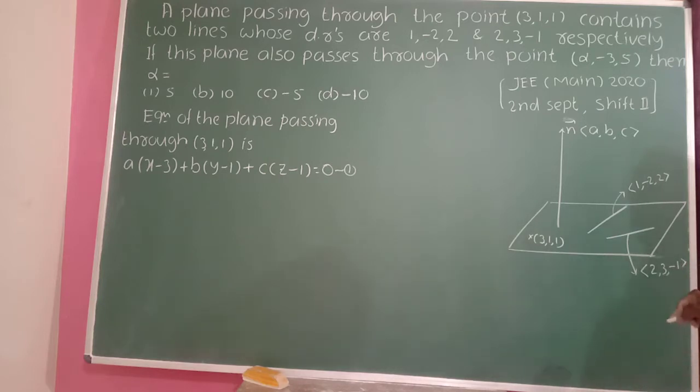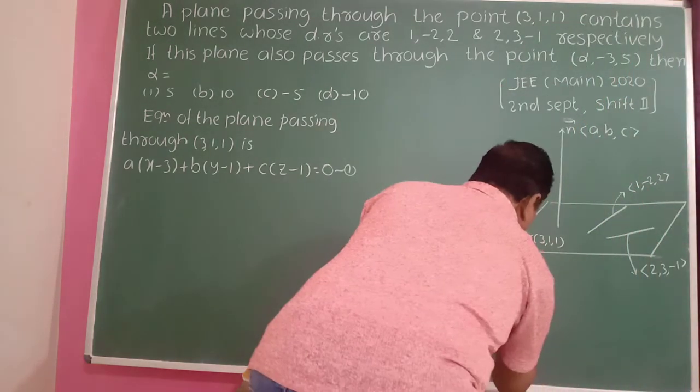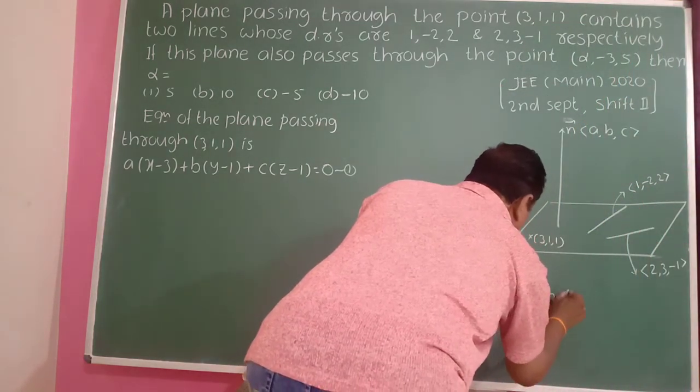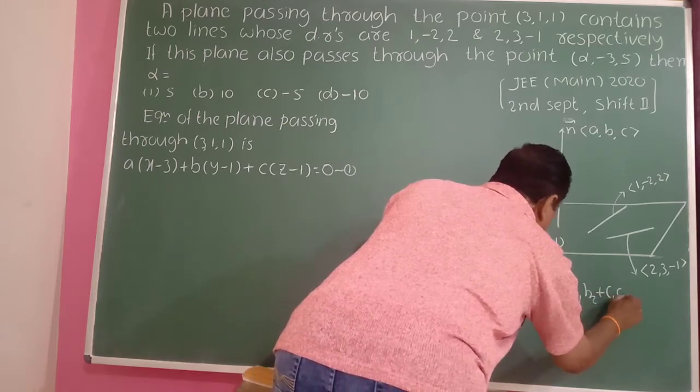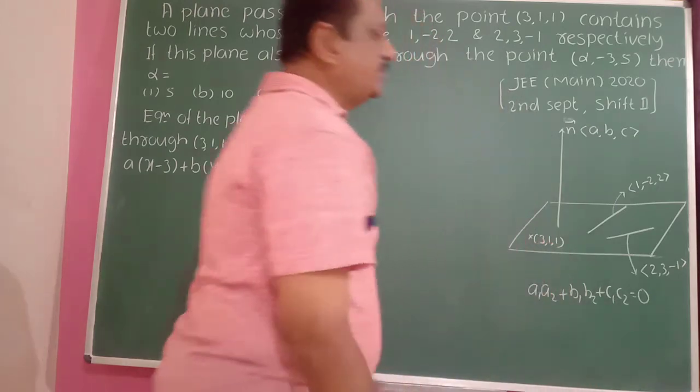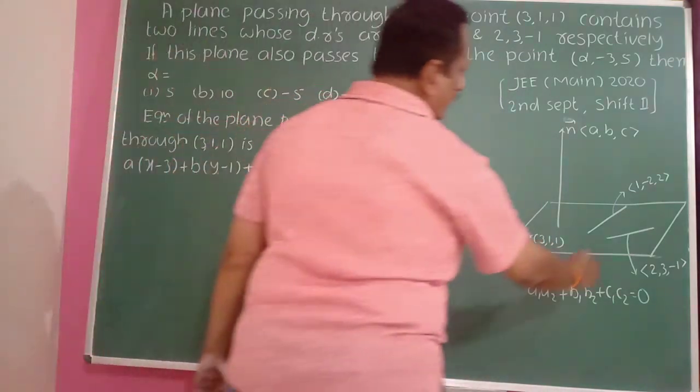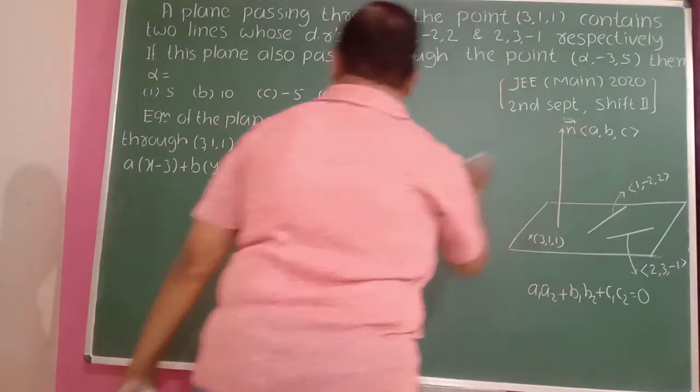Then obviously this normal and this line both are perpendicular. Therefore we use this condition: A1 A2 plus B1 B2 plus C1 C2 is equal to 0.